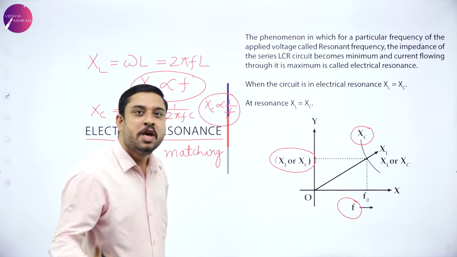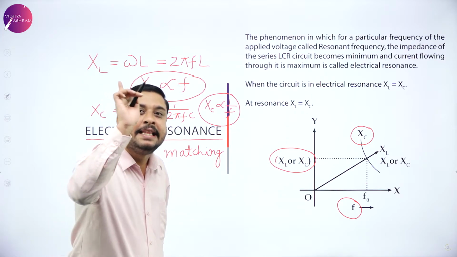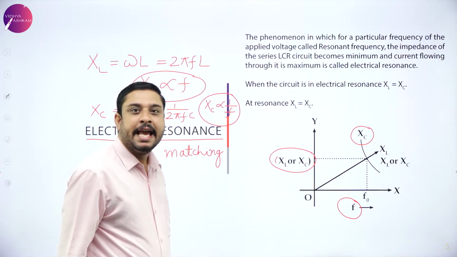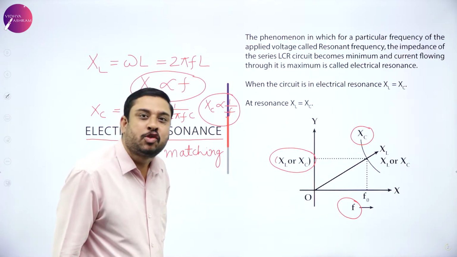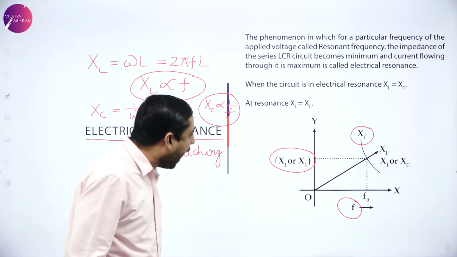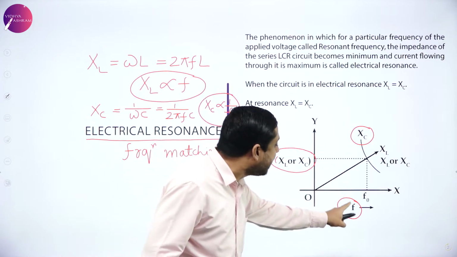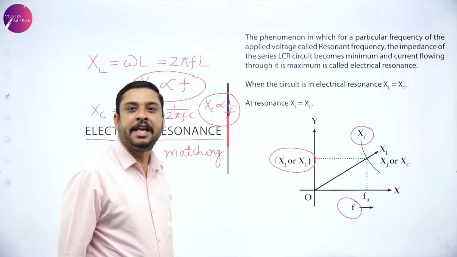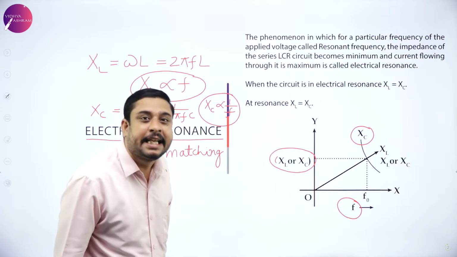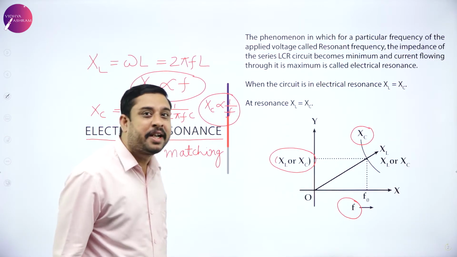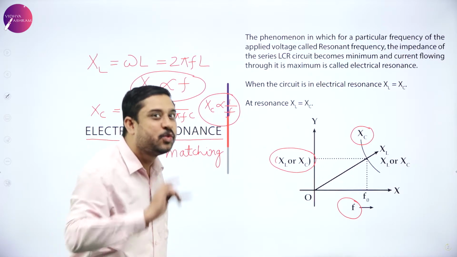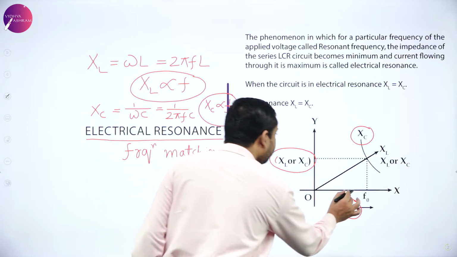So, as you increase the applied frequency, XL also increases linearly, and XC decreases gradually. But if you observe the curve, this is very important.